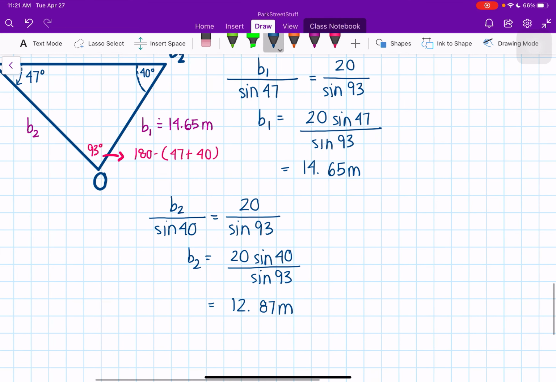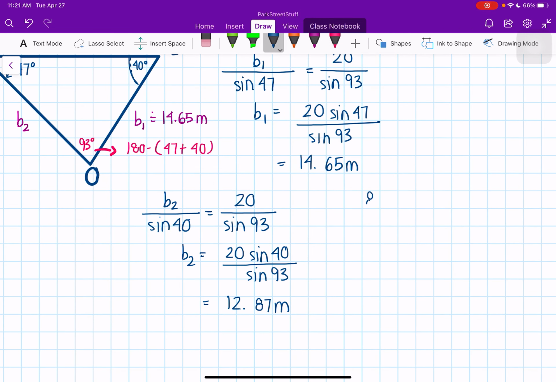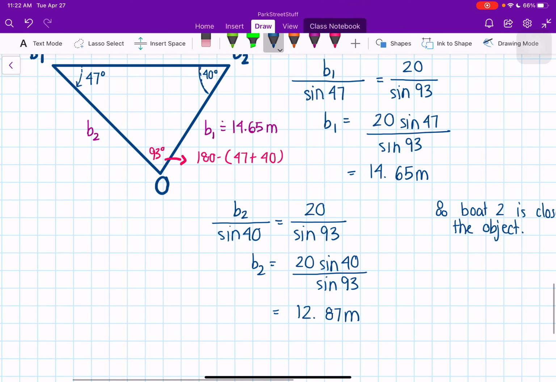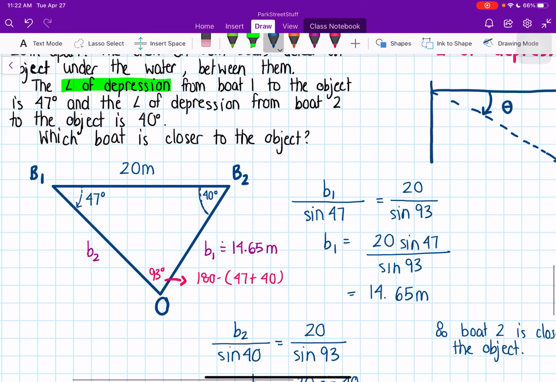So we can now give our answer. Therefore, boat 2 is closer to the object. Okay, and that's it for the lesson on sine law.